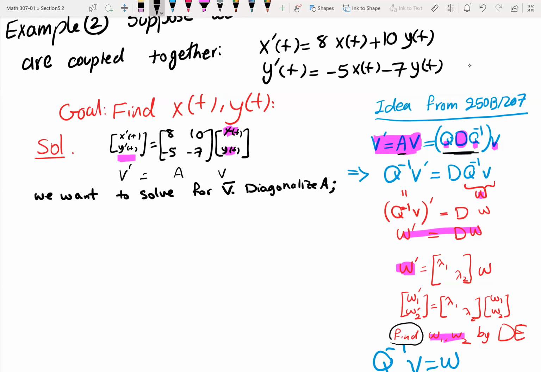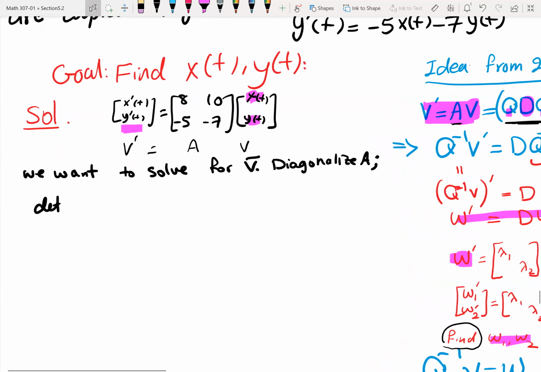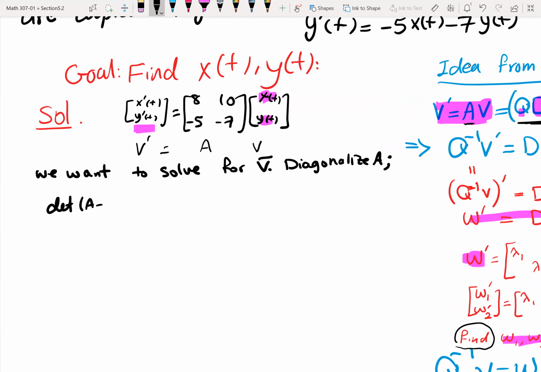This is going to be the determinant of A minus lambda I, and that gives me 8 minus lambda, 10, minus 5, and minus 7 minus lambda. Then I set the determinant equal to 0.